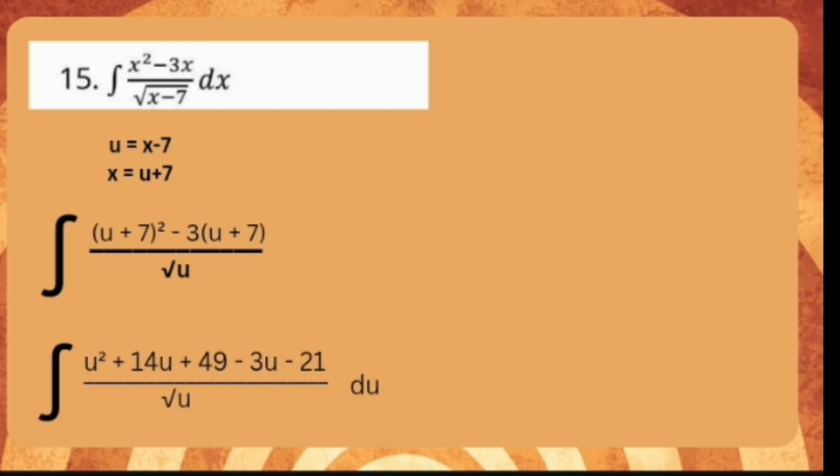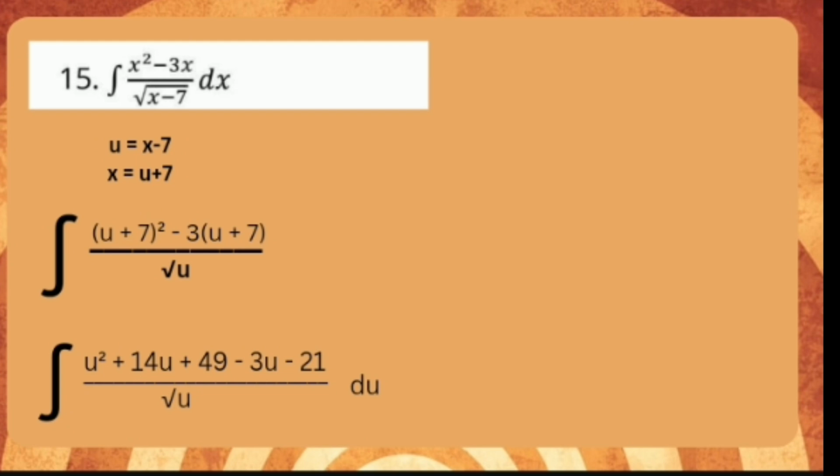So, it will become the integral of u plus 7 squared minus 3 times u plus 7 over square root of u. Let's expand the numerator. When we expand the numerator, u plus 7 squared minus 3 times u plus 7, it will become the integral of u squared plus 14u plus 49 minus 3u minus 21 over square root of u du.